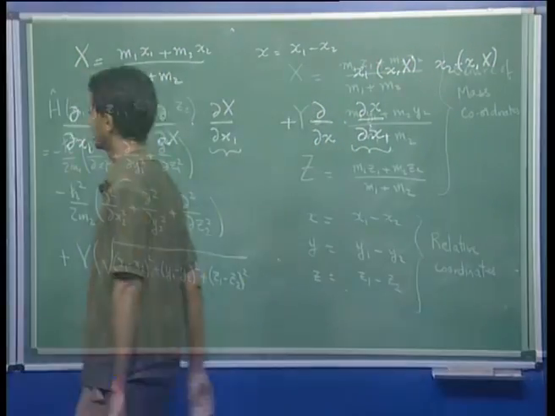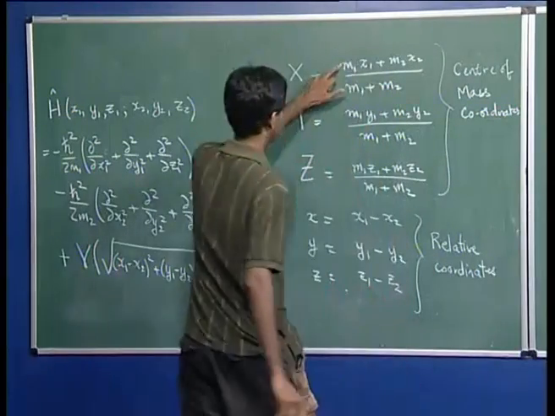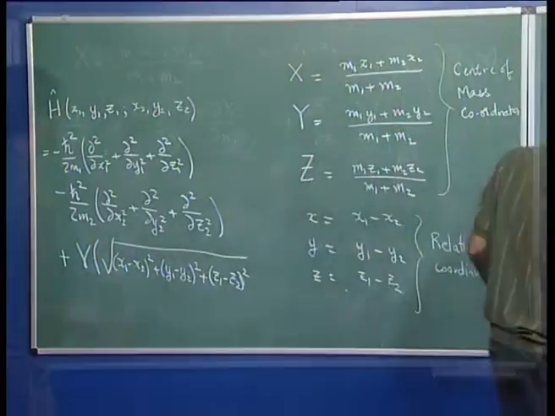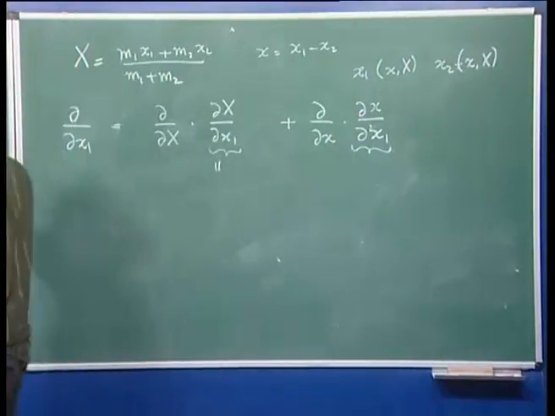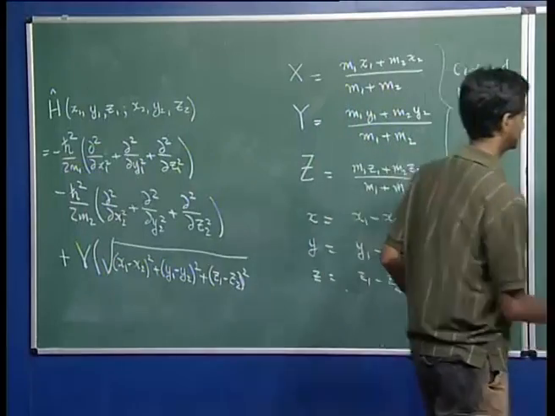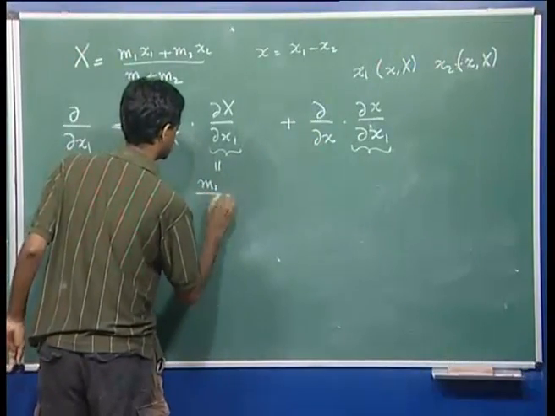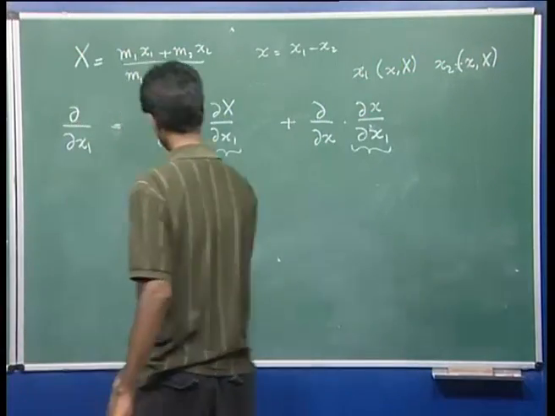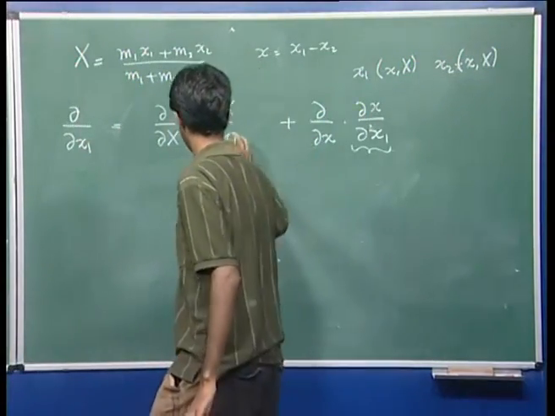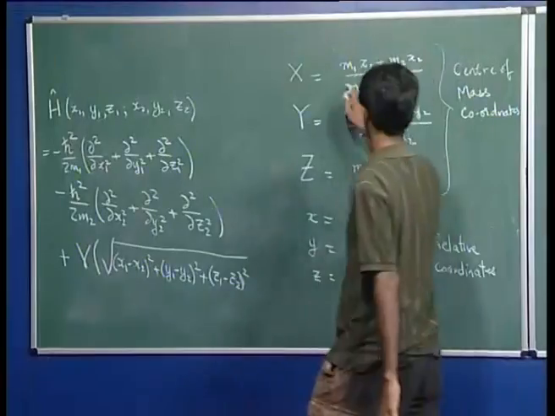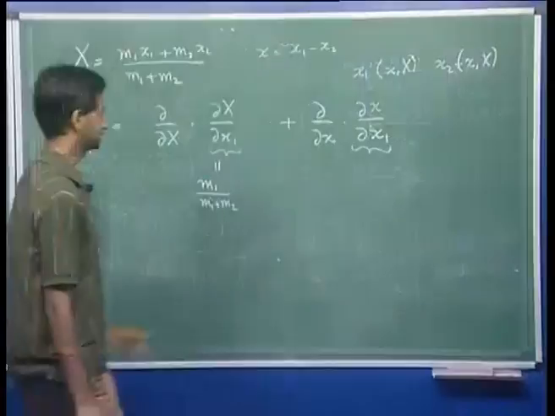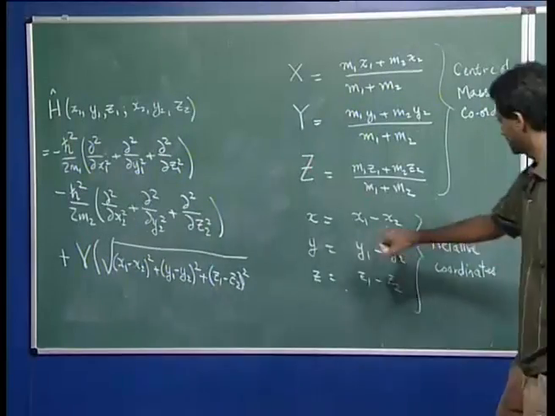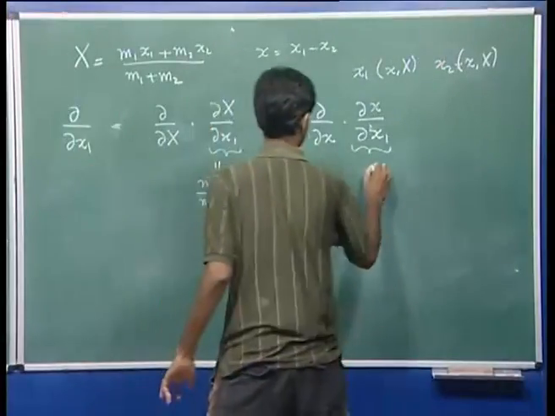So if you do that, then I just have to take the derivative of this with respect to x1, keeping everything else fixed, and if you take the derivative, you will just get m1 divided by m1 plus m2. Okay. So, you will get exactly just m1 divided by m1 plus m2. Similarly, if I take the derivative of little x with respect to x1, I will just get 1.